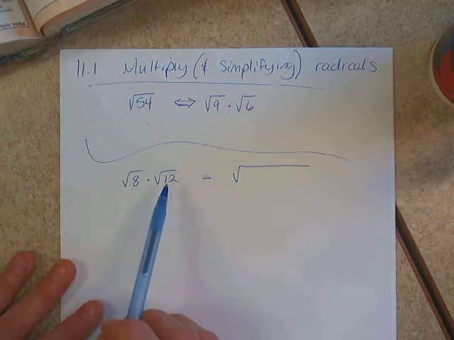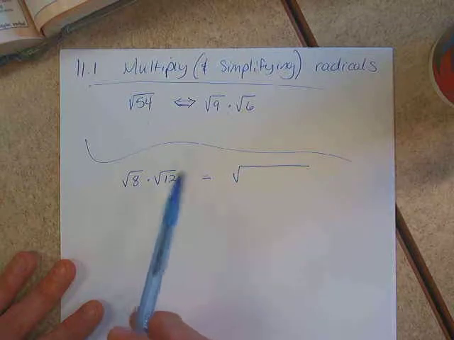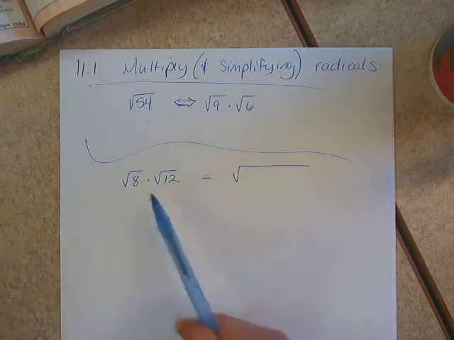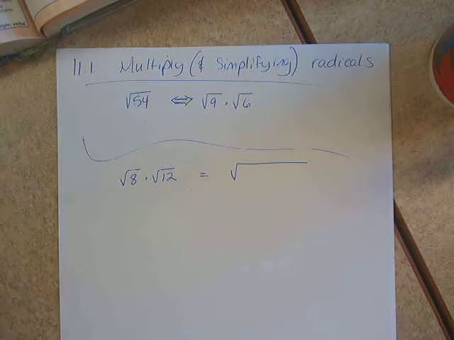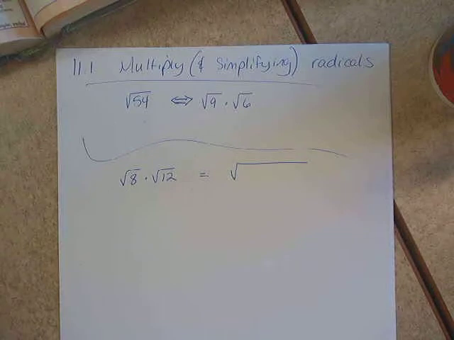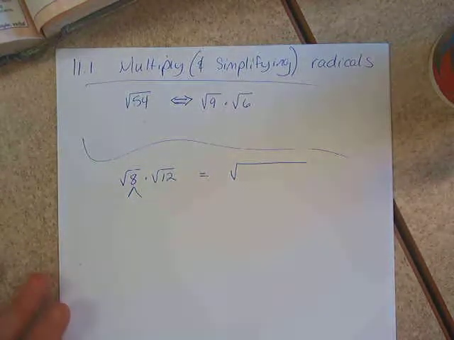Okay? You could multiply 8 times 12 and you get 96, right? But then you'd have to turn around and break down 96, and factors of 96 are already 8 and 12. So rather than multiply and then turn around and take them apart, we're going to take them apart and put them all together in the same bar and then worry about what comes out. Okay?